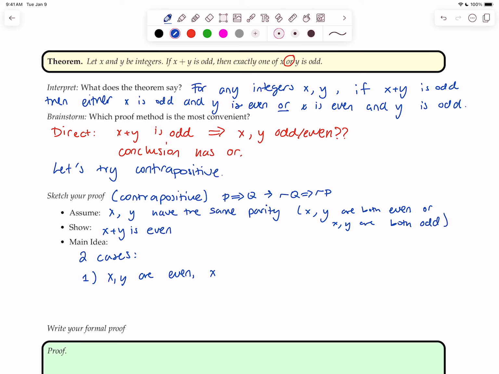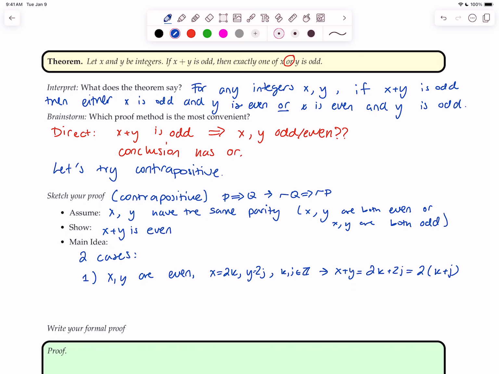And so that's going to be when x is like 2k, y is like 2j, where k and j are integers. And when we add them together, we get 2k plus 2j. And we want this to be even. So I'm going to pull out a 2, and I get 2 times (k plus j). And this looks good because I got 2 times an integer.